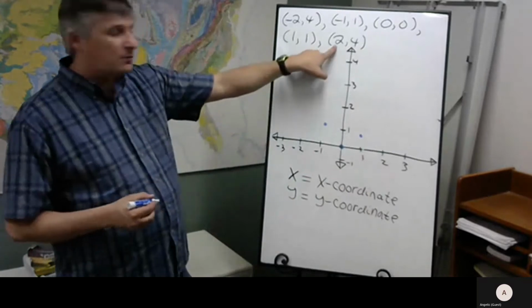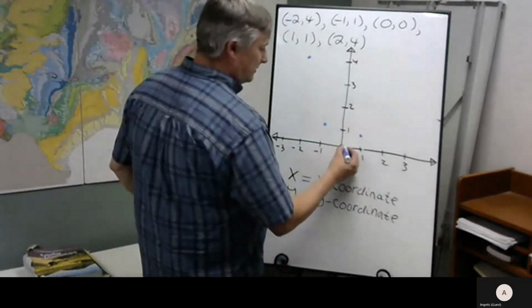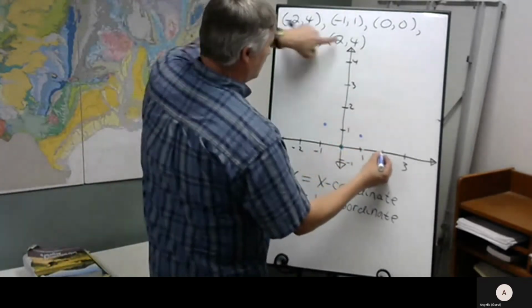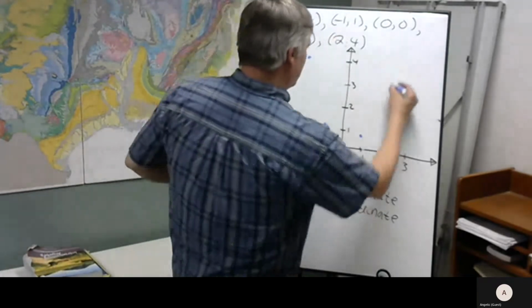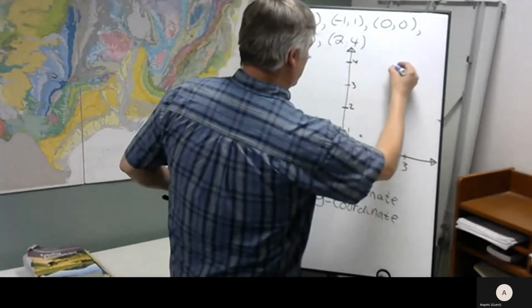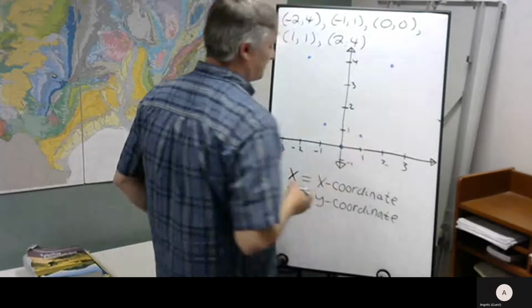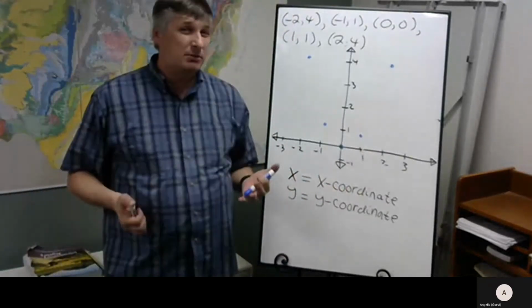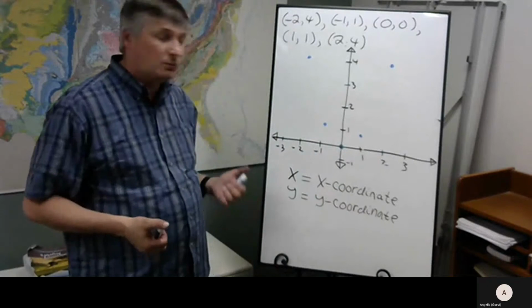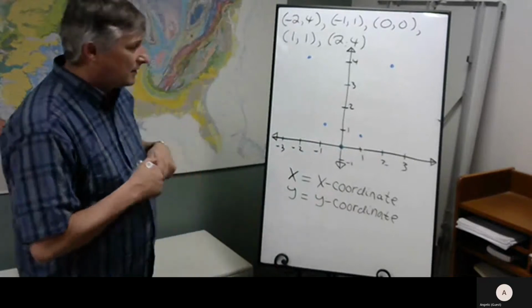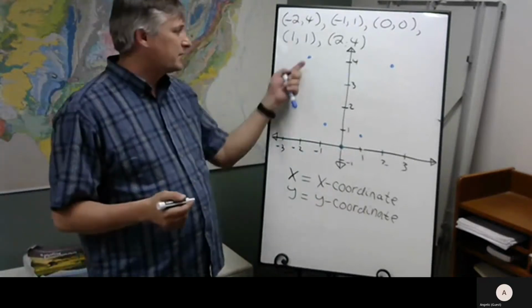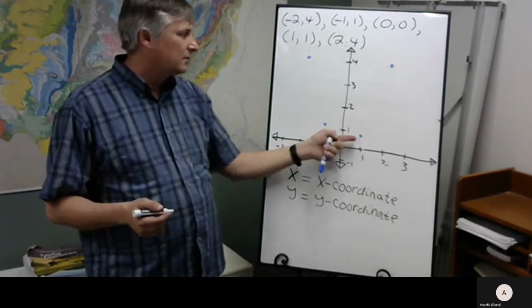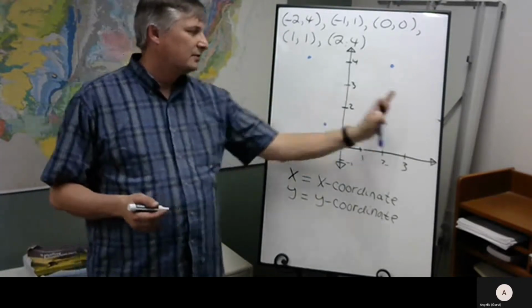And then for 2, go out to x is 2, and up to y is 4. So these are the points. This is how we plot the points for this equation y equals x squared. The last thing we're going to do, we're going to connect the points from left to right.